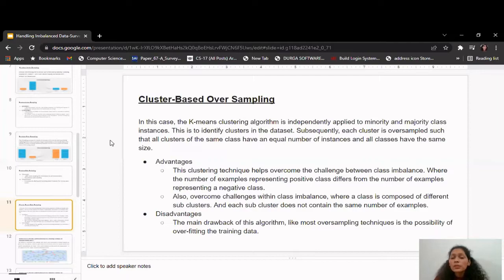Also, it overcomes the challenges within class imbalance, where a class is composed of different subclusters, which was not happening in the oversampling, because we were just replicating the data there. Also, each subcluster does not contain the same number of examples.